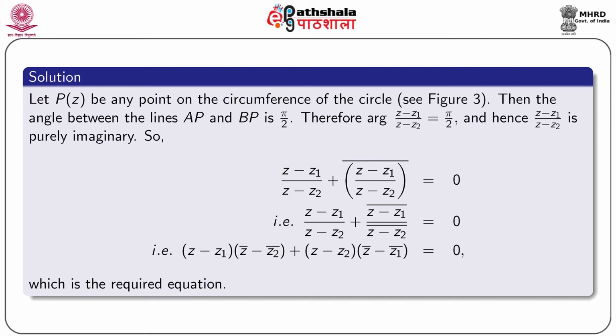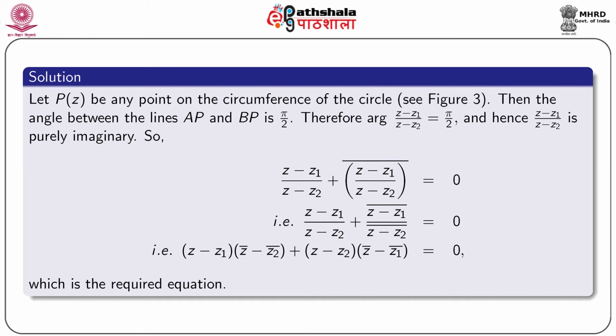Then obviously the angle between the lines AP and BP is pi by 2, and therefore argument of (z minus z1) by (z minus z2) is equal to pi by 2, and hence (z minus z1) by (z minus z2) is purely imaginary.